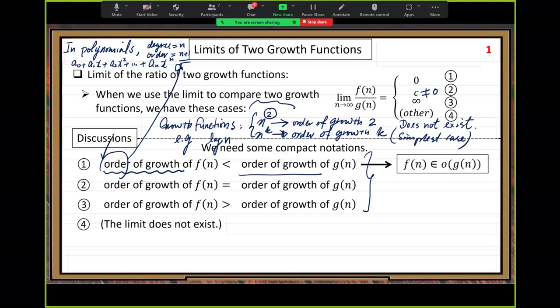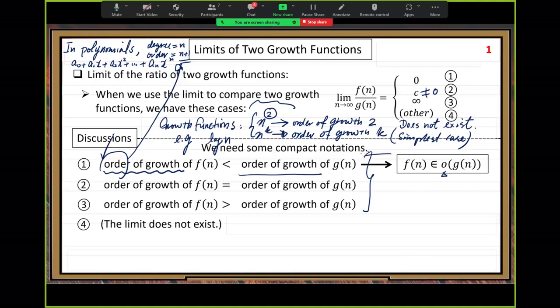So what's that? Case one, we use this notation: f of n belongs to little o of g of n. This little o we call an asymptotic notation, one of the asymptotic notations.